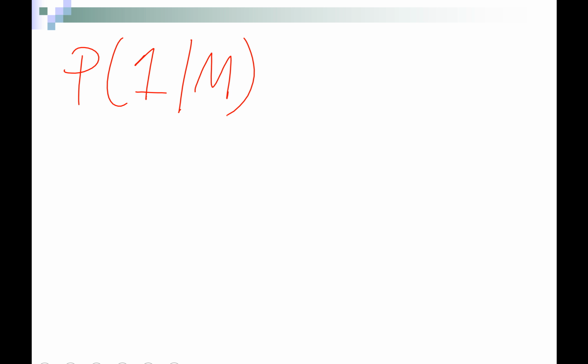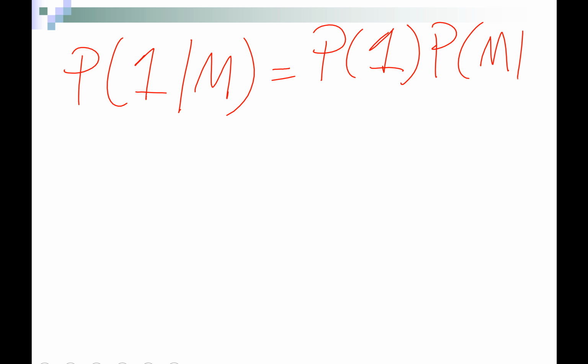Okay, so this is just going to be the probability of 1 times the probability of opening door 3 given 1, divided by the probability of opening door number 3.